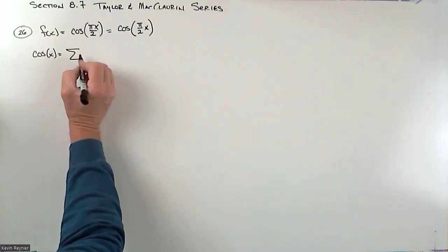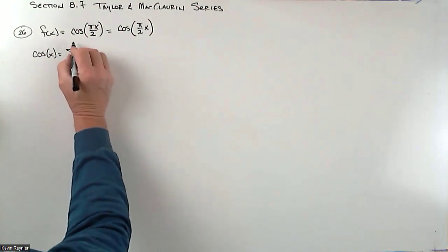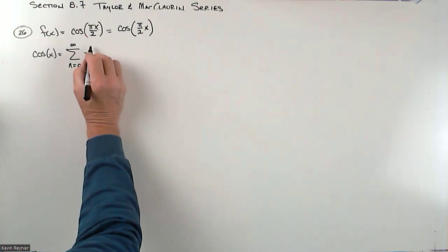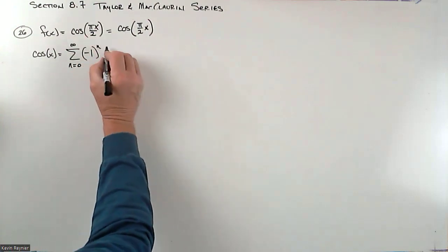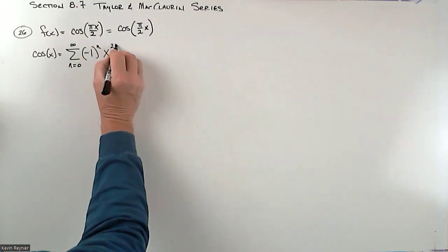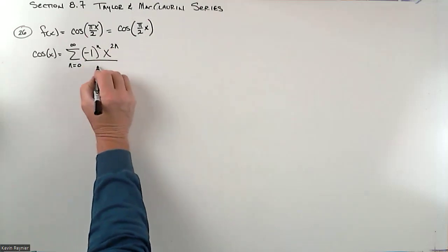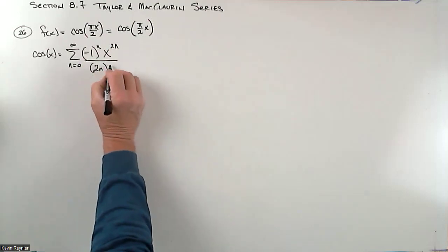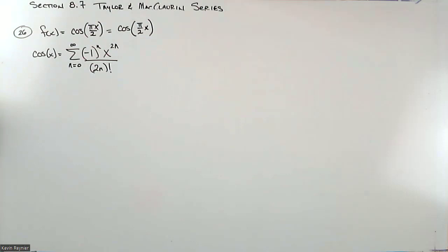We know it's sigma n equals 0 to infinity, negative 1 to the n, x to the 2n over 2n factorial. It's the easier of the two to remember because we know cosine's even, so it's x to the 2n factorial. Again, where did this come from?